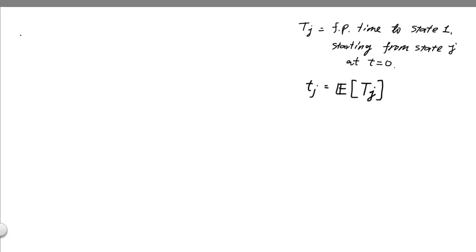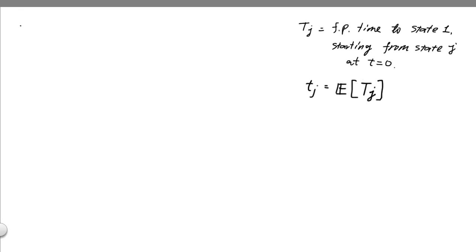In the second part of the problem, we're asked to do something similar as before, but with a slight twist. Here I copied over the definition for Tj, which is the first time to visit state 1 starting from state j at time 0. And the little tj is its expectation.